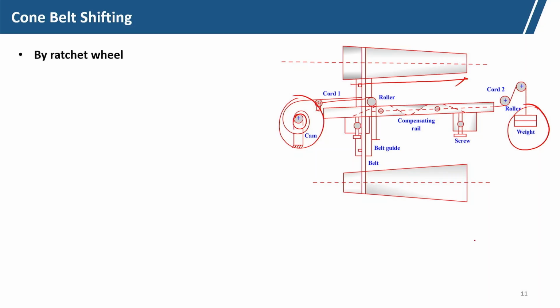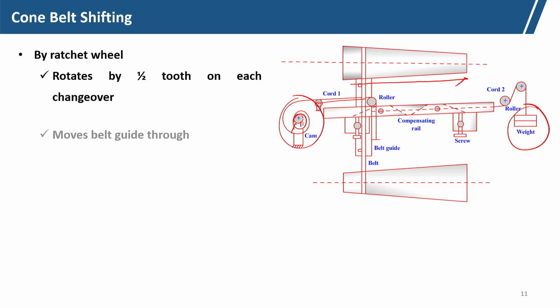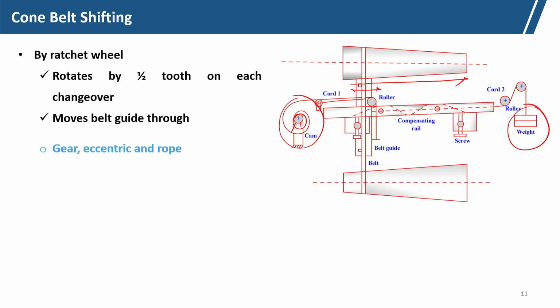So, to restrict the free movement, we have the ratchet stop mechanism. It rotates by half a tooth on each changeover and moves the belt guide. So, the belt guide will move, which will result in the shifting of the belt.